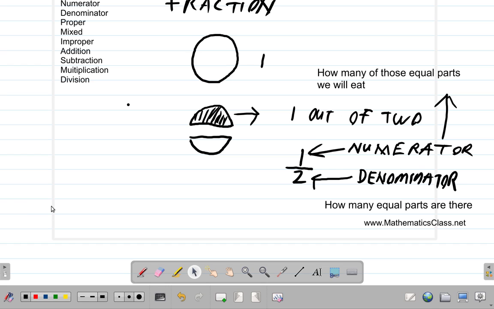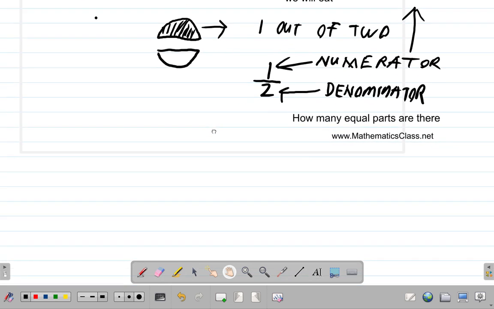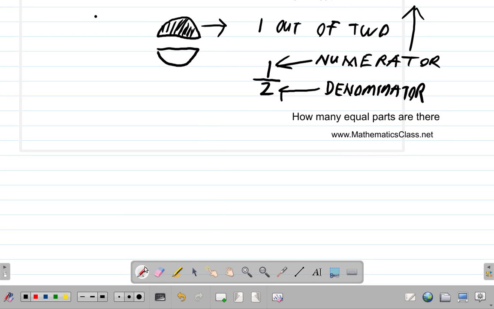Now, the next thing we want to do is look at cutting up this bulla into more equal parts. You see. Now, again, another bulla. I cut this up into 4 equal parts.